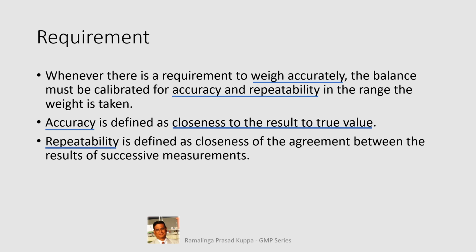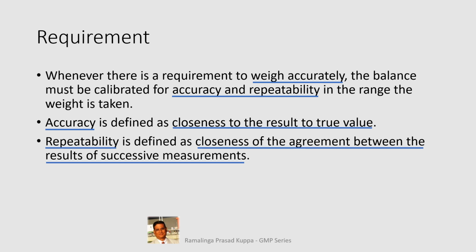Repeatability is defined as closeness of the agreement between the results of successive measurements. For repeatability conformance, it is done by weighing a comfortable weight within the range not less than 10 times. Calculate the standard deviation. Repeatability is satisfactory if the standard deviation multiplied by 2 and divided by the smallest net weight on that balance does not exceed 0.10%.